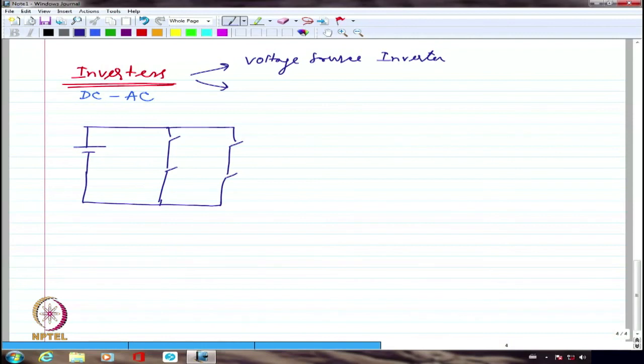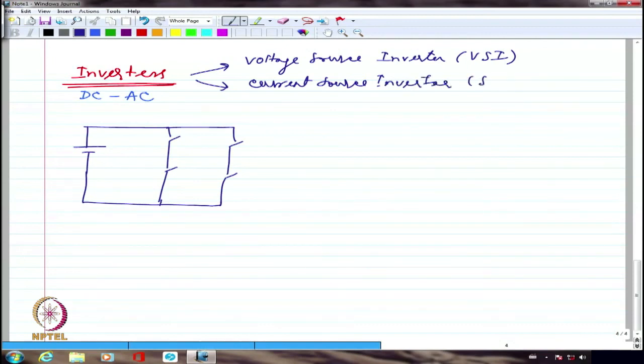Everything is generally a voltage source. So if I want to make it a current source, I necessarily need to connect a very large inductance in series. So VSI and CSI, the current source inverter, which is generally specified as CSI.